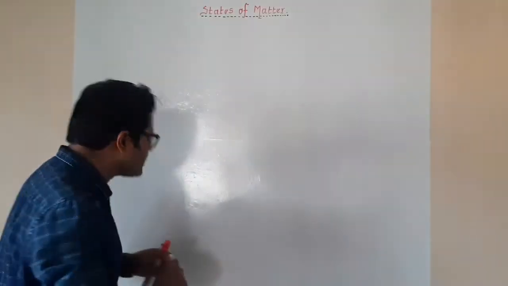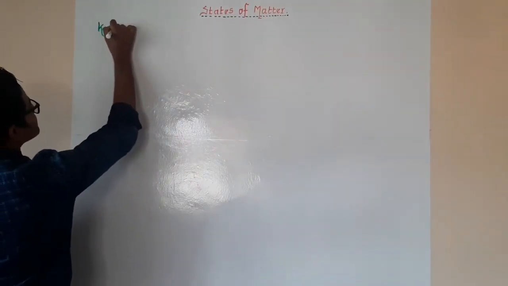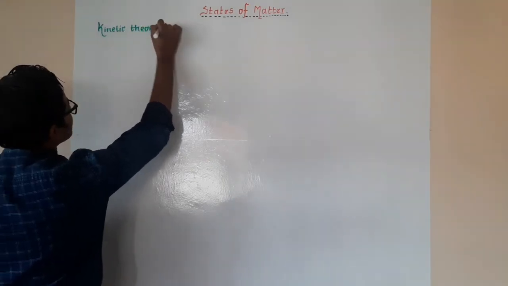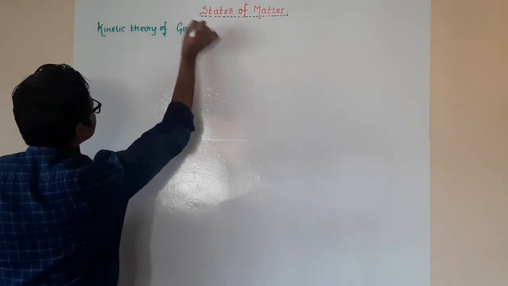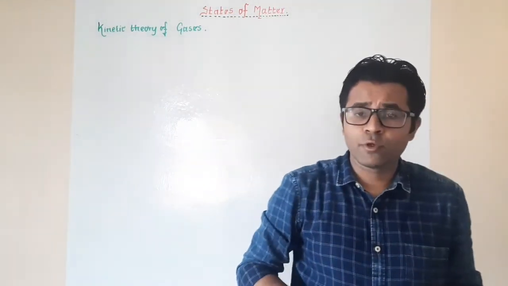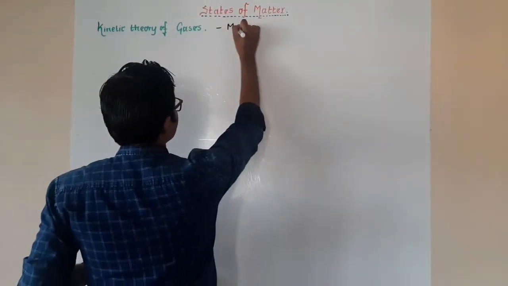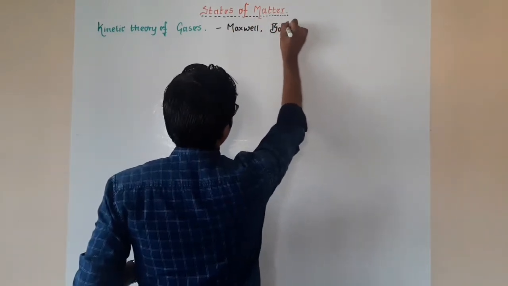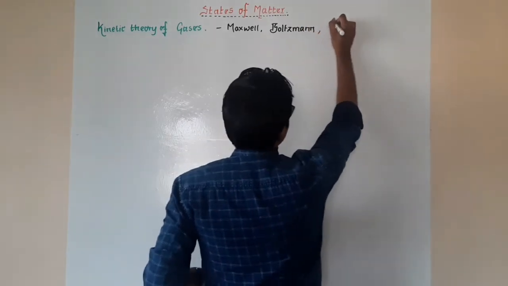Moving forward with the next one, and that is an important one: the kinetic theory of gases. Now, this kinetic theory of gases was put forward by three important scientists: Maxwell, Boltzmann, and Clausius.